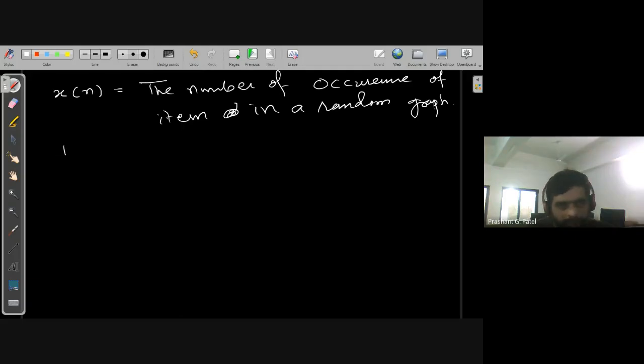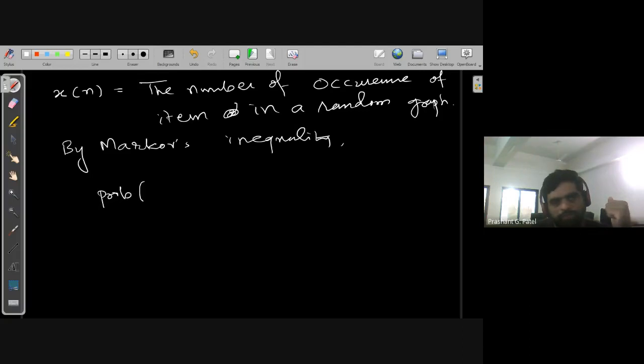So by Markov's inequality, can somebody tell me what Markov's inequality is? It says that the probability of x greater than or equal to a is less than or equal to 1 by a times the expectation of x.